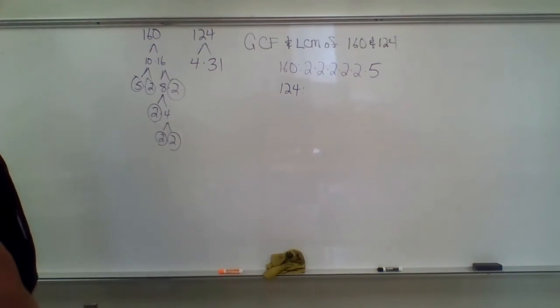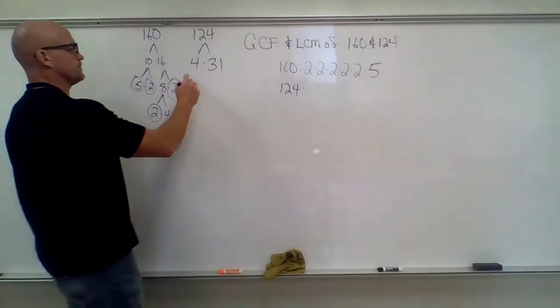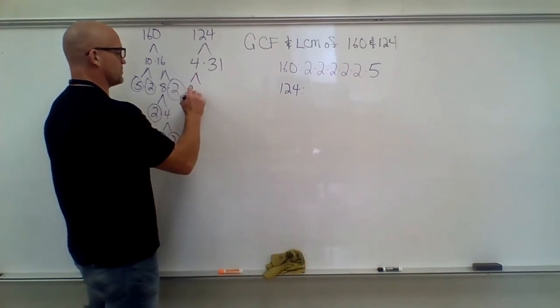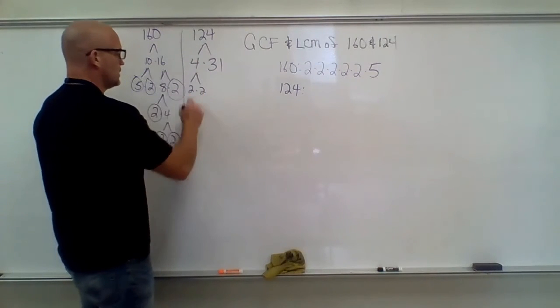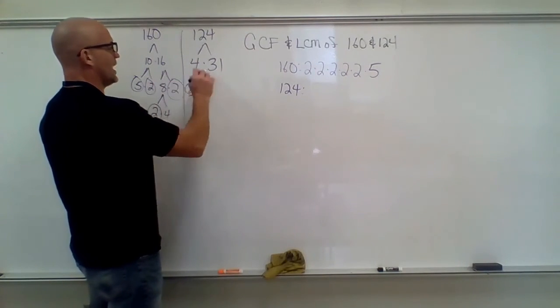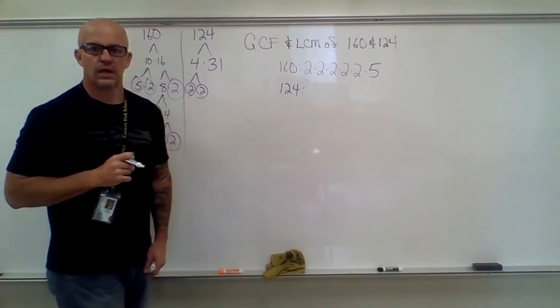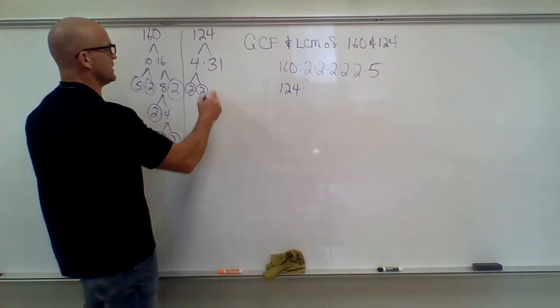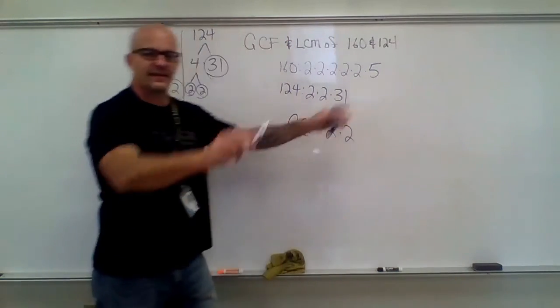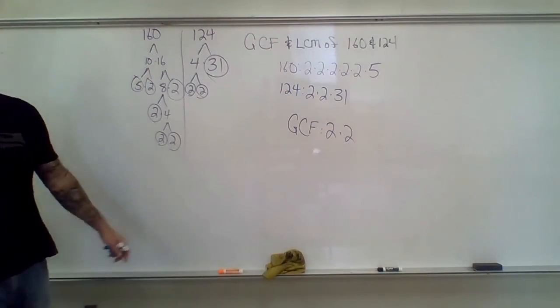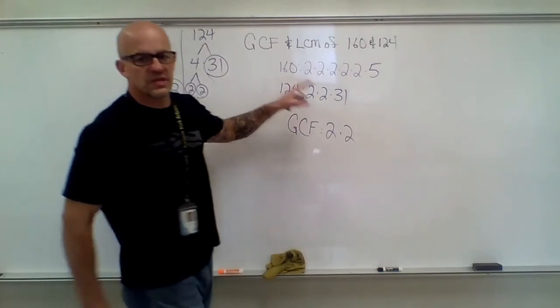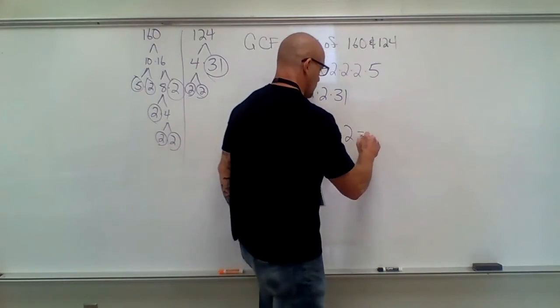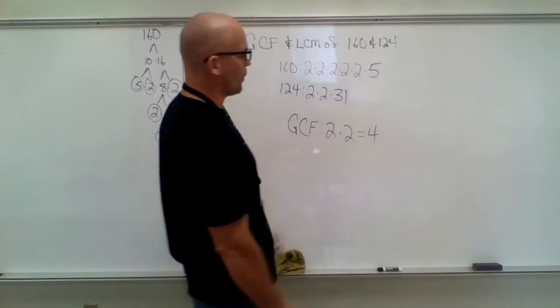Well, guess what? 4 isn't prime. That has to break down into 2 times 2. 31 is prime. Interesting. So 124 is 2 times 2 times 31. Scary, right? Okay.